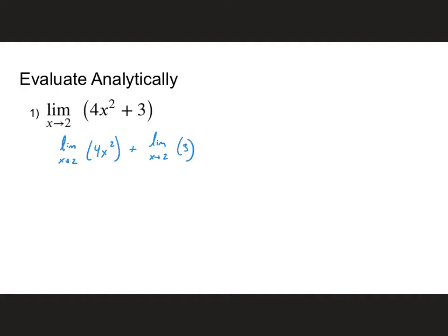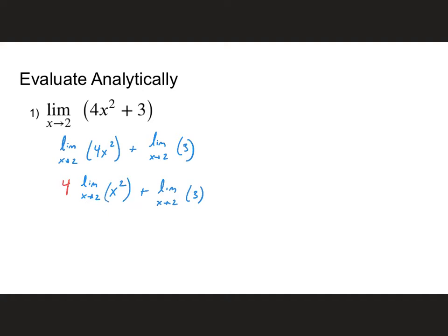That's really nice. Another thing that it says, based upon the scalar multiplication, is that I can take this 4 and move it out front. So I can have 4 times the limit as x approaches 2 of x squared. And again, plus the limit as x approaches 2 of 3.